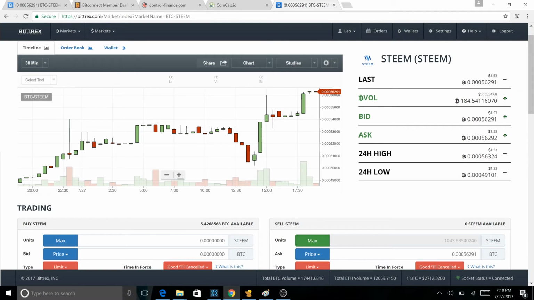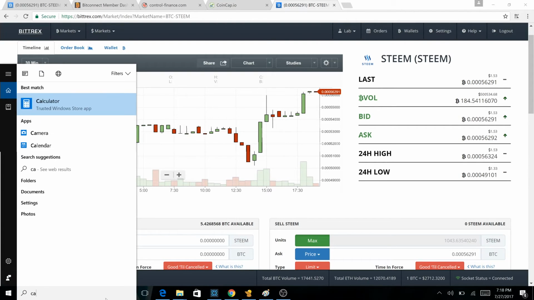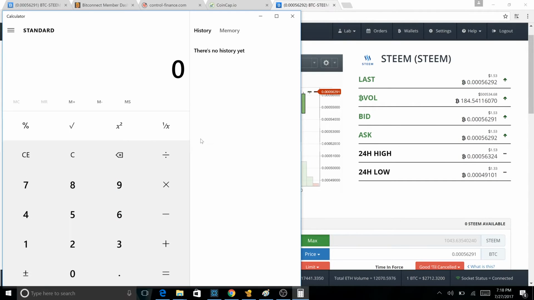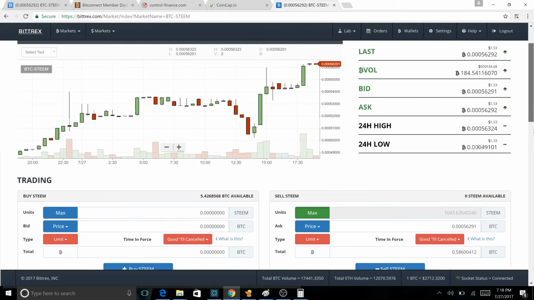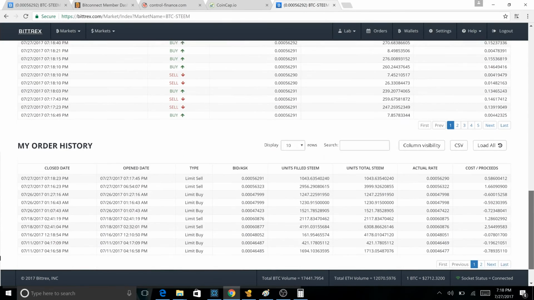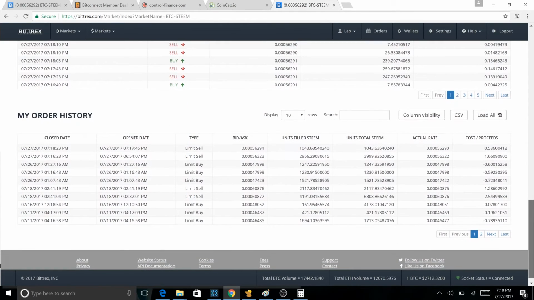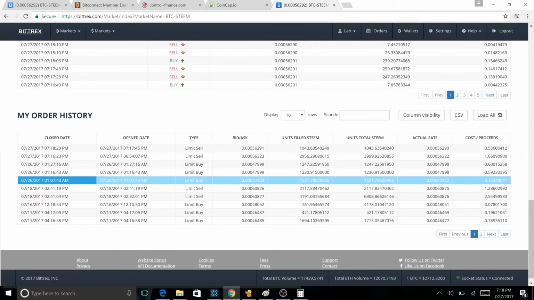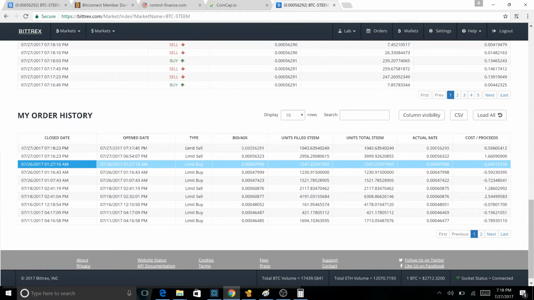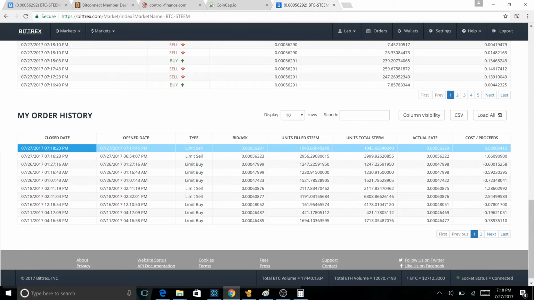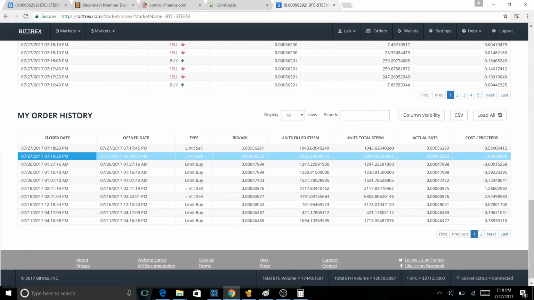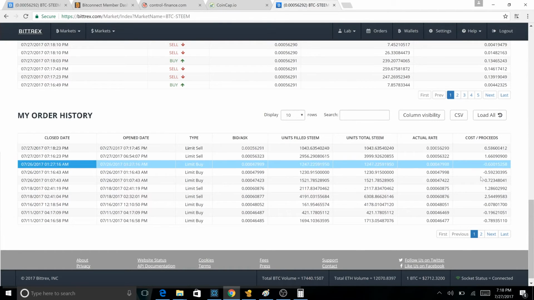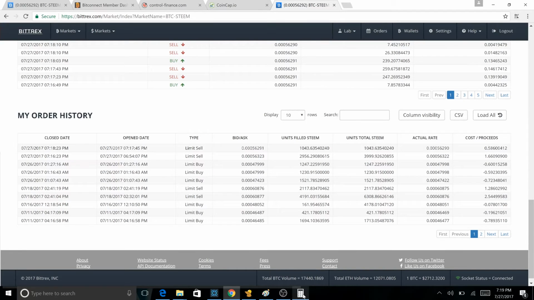So let's go back into the calculator because I couldn't sell all of them at the price that I wanted to. So we can go back down here. We can add these 3 numbers up again. Then we can add these 2 numbers up, and then we will be able to recalculate the profit. So let's go ahead and do that real quick.